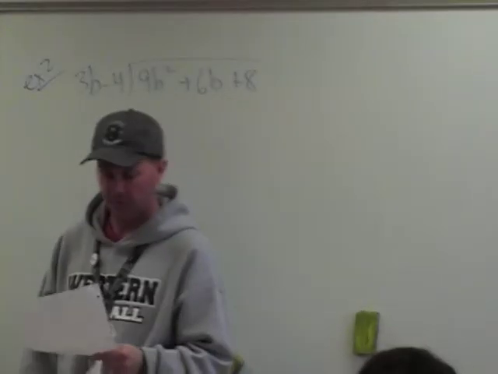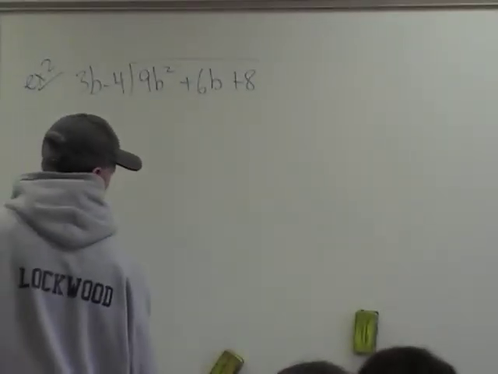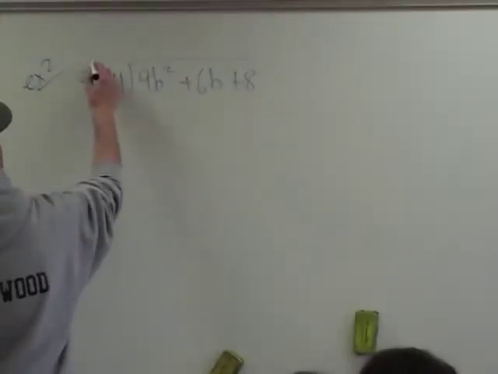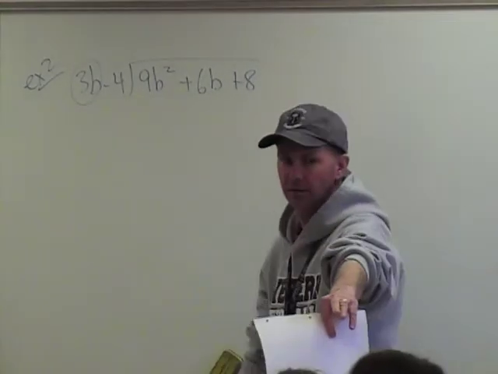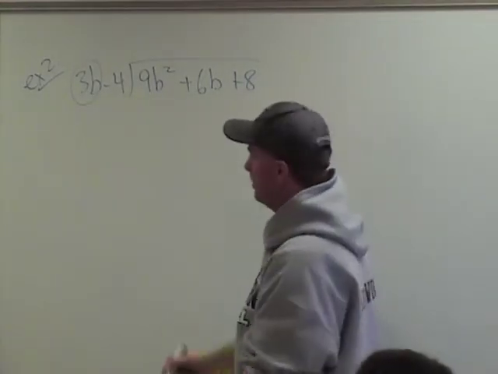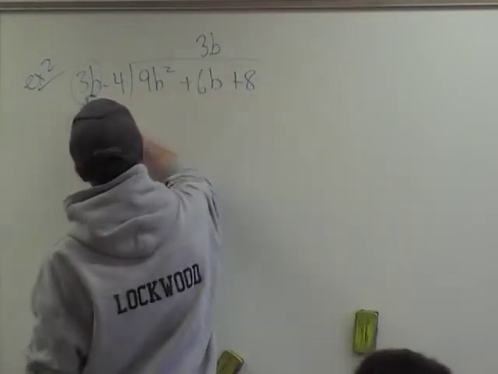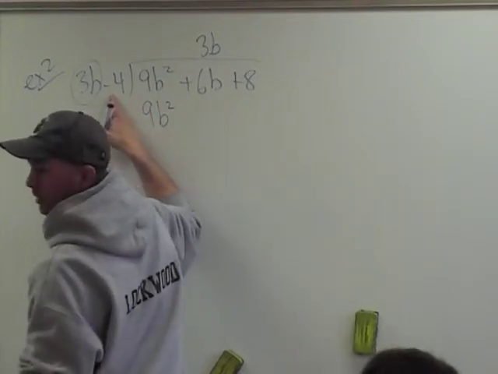Do I need to go through this? Okay. What times 3b gives me 9b squared? 3b times 3b is 9b squared. 3b times minus 4.